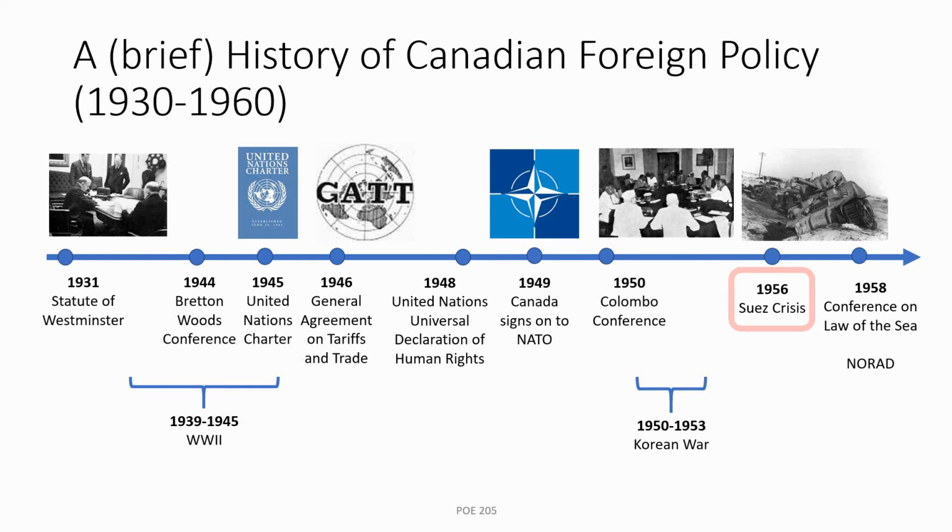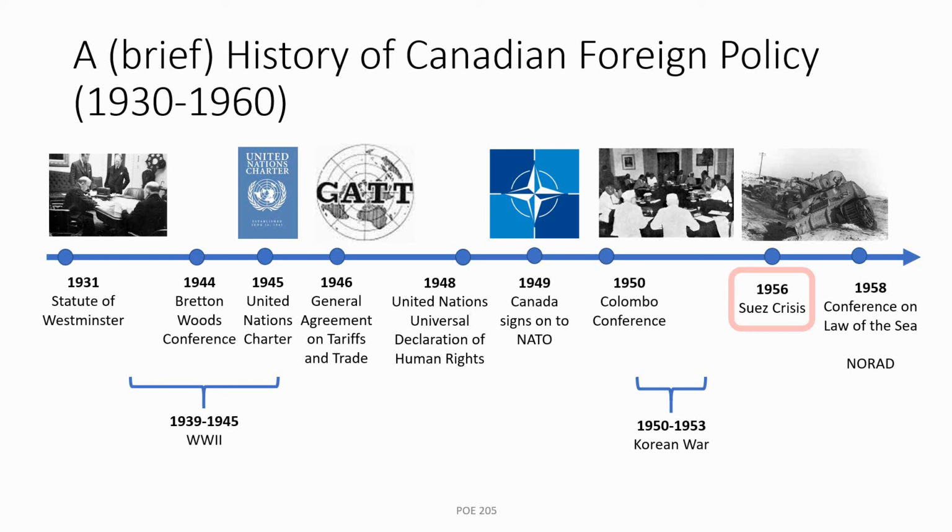The General Assembly of the UN is going to support them, and the idea is that we're going to keep the borders at peace until we can work out a political settlement. So we're going to go in, we're going to make sure that nothing happens, and you guys can work out your political settlement. And this is widely considered to be the beginning of global peacekeeping operations.